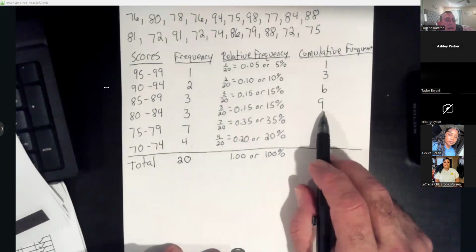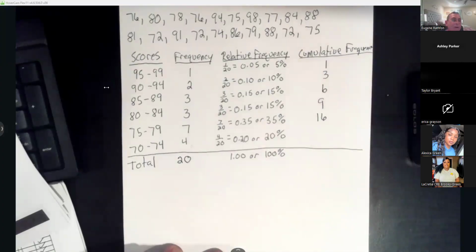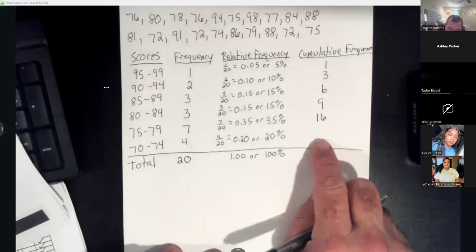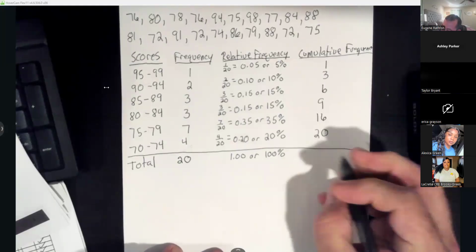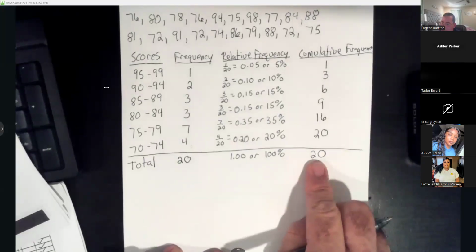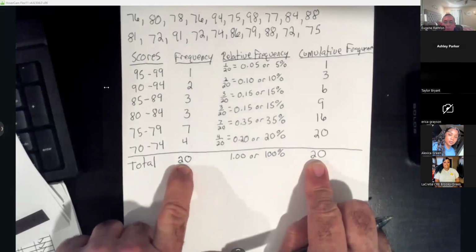All right, so now we got what, 9? We're going to add 7, give me 16. And y'all finally, for my last cumulative frequency, we get a 20. So y'all, the total on my cumulative frequencies was 20, which has to match the total frequency, right?